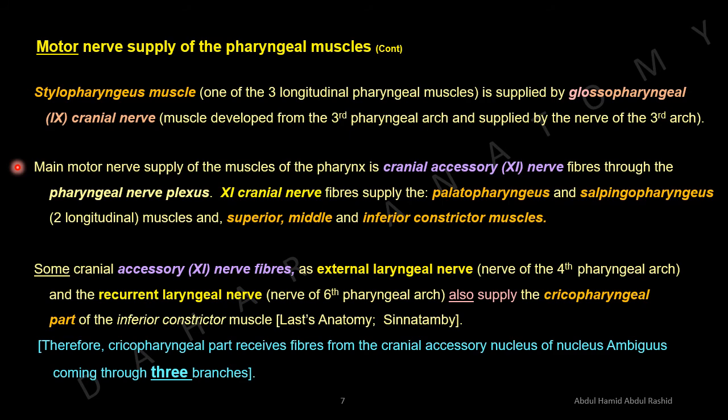Some cranial accessory, that is 11th cranial nerve, fibers, as the external laryngeal nerve, nerve of the 4th pharyngeal arch, and the recurrent laryngeal nerve, nerve of the 6th pharyngeal arch, also supply the cricopharyngeal part of the inferior constrictor muscle. Therefore, the cricopharyngeal part receives cranial accessory nerve fibers coming through 3 branches.